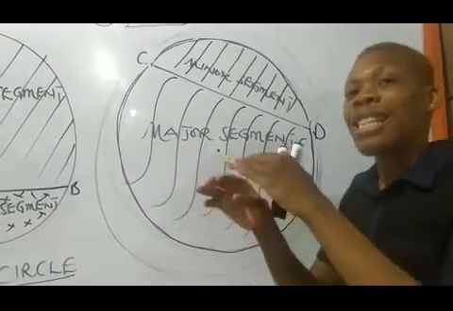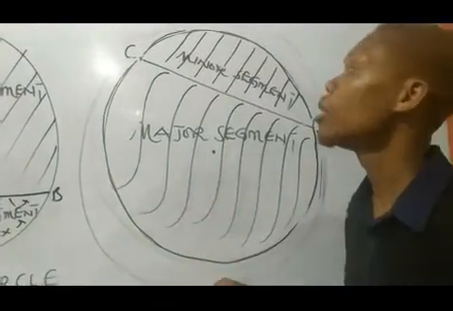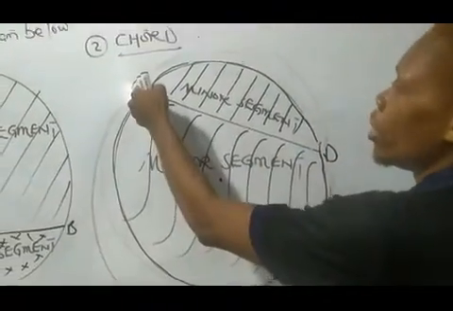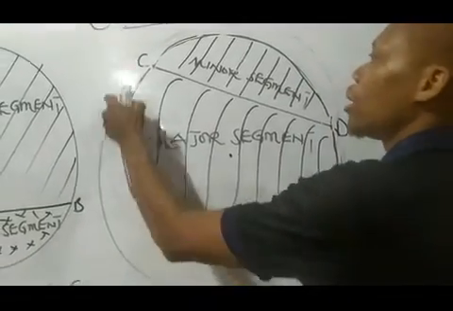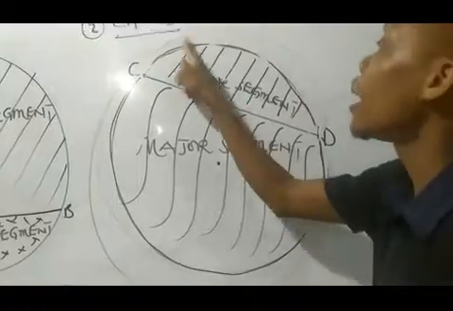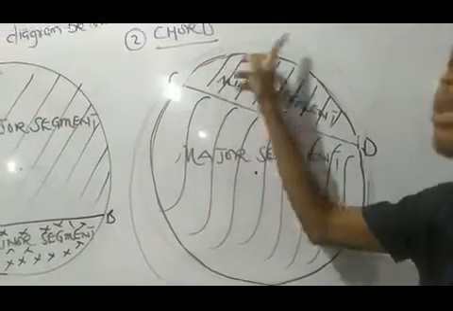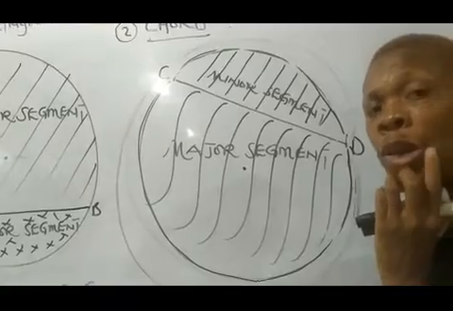Also, it has cut the circumference, the boundaries, into two. So we have this side and then this side. Now, because this arc here is smaller, we call this a minor arc.